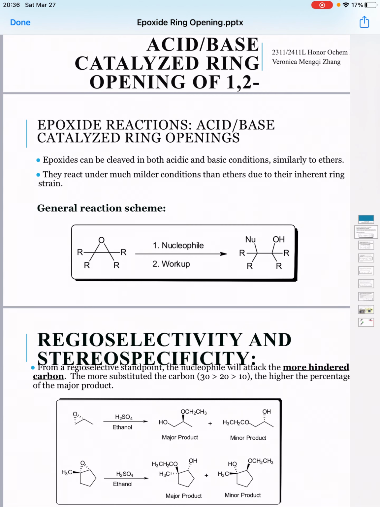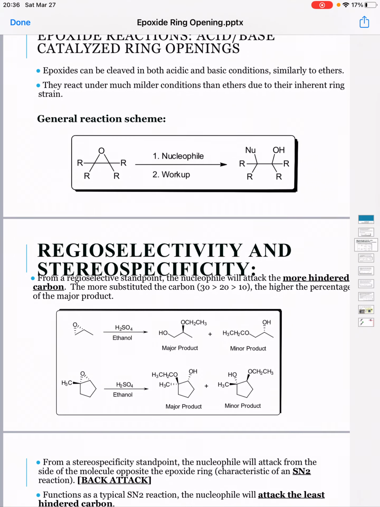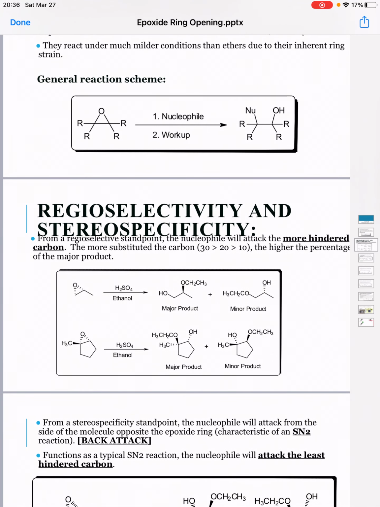Firstly, let's talk about the epoxide ring opening reaction. The three-membered epoxide ring is very unstable. It can be cleaved in both acidic and basic conditions, because the inherent ring strain is very large, so it's subject to nucleophile attack pretty readily.